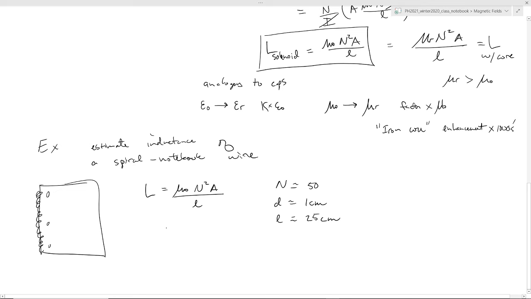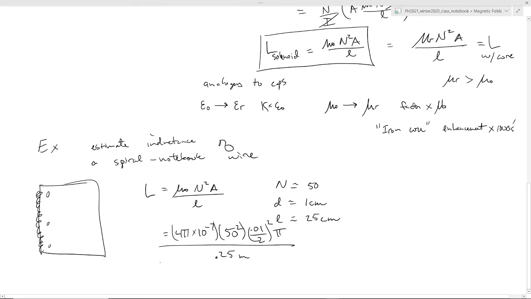So let's put these ingredients together and calculate the inductance. So mu naught times 50 squared times the area, which is basically pi r squared, 0.01, and then the length would be 0.25, just to have everything in meters.